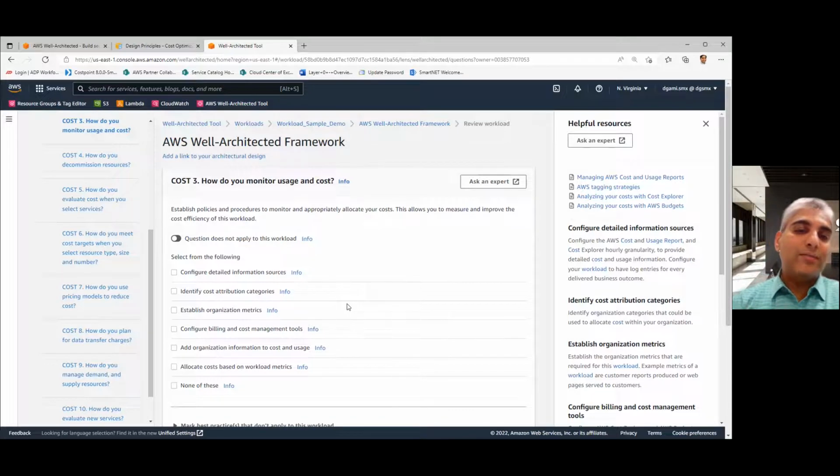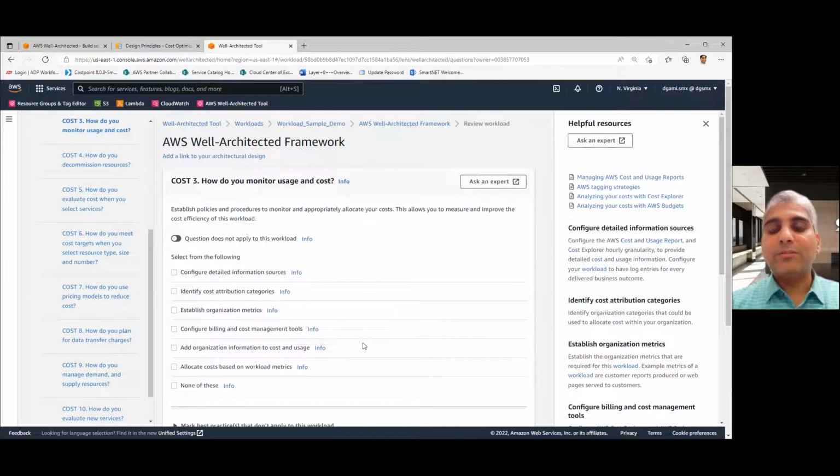And it also helps you establish those organizational metrics to say, what are the different budgets and goals and targets that we're setting for the different teams, so that as a usage and cost monitoring function, you have some kind of a threshold that can be set, that you can use to say, are we doing things effectively, or is there a need for a different conversation with the team and try and optimize things?